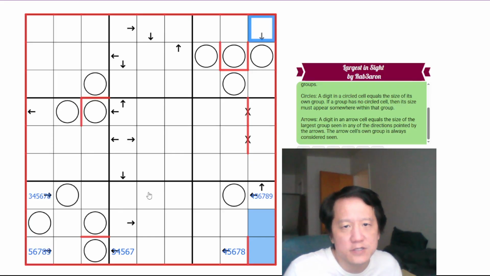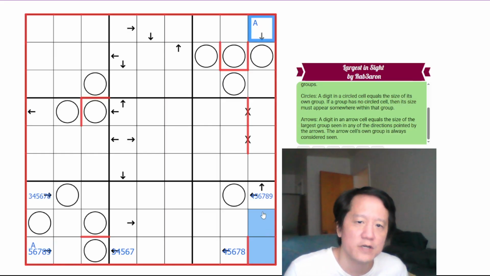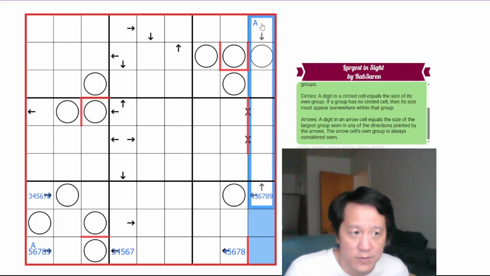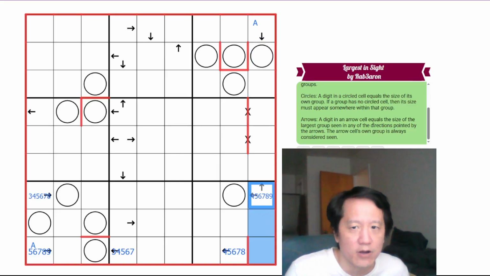So these digits are exactly the same because this one is saying it's not any set from here because otherwise it would be exactly the same digit, which is not allowed in normal Sudoku. So it has to be the blue one here, which means this cannot be part of the same group as this one. So this must be a border this way.